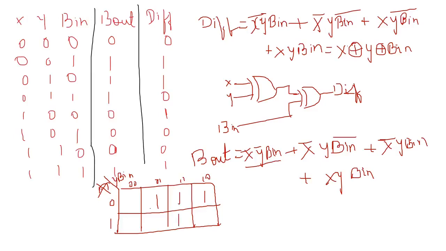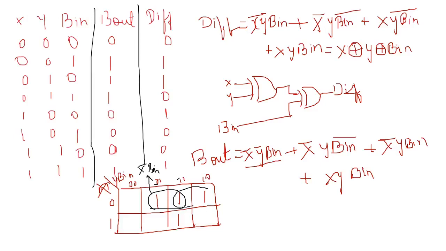Let me group it. So this is the first grouping. X value is 0, so X bar, and we can notice here Y value is changing from 0 to 1, whereas B in value has not changed, it has become constant, that is 1, so X bar B in.